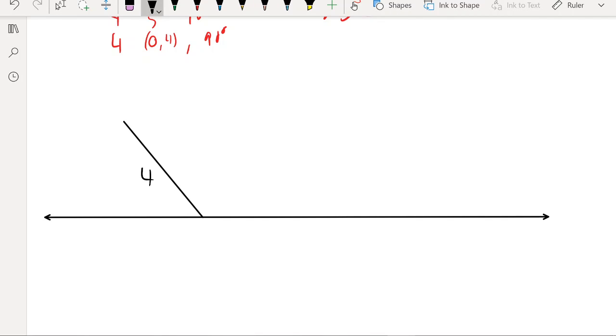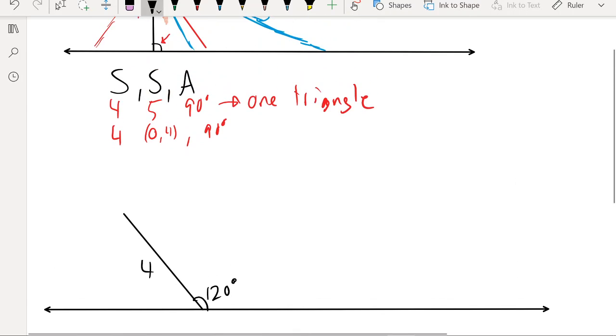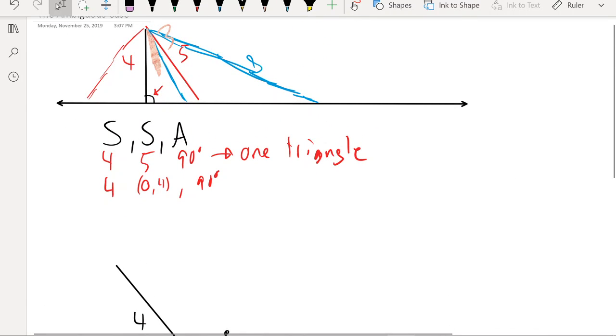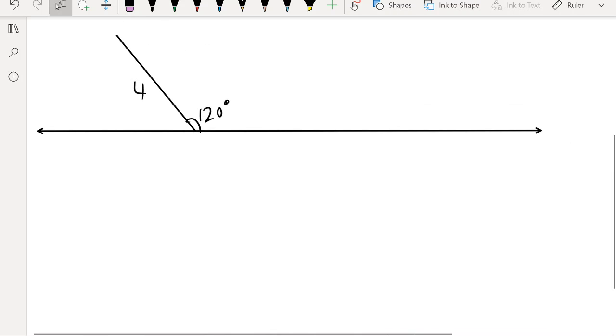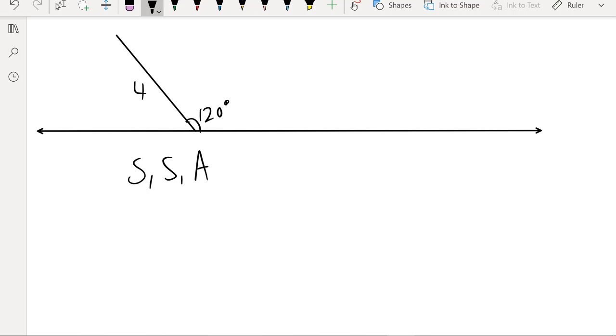So now we have this angle, which is maybe 120 degrees. And actually, over here, this side of 4 should really be the other one, but it's all good. So let's say we have a certain side. We don't know. But then we know this 4 side and we know this 120 angle.